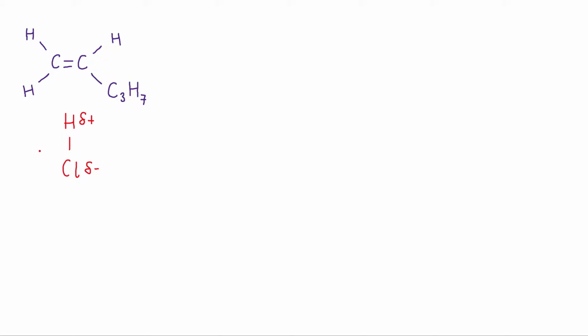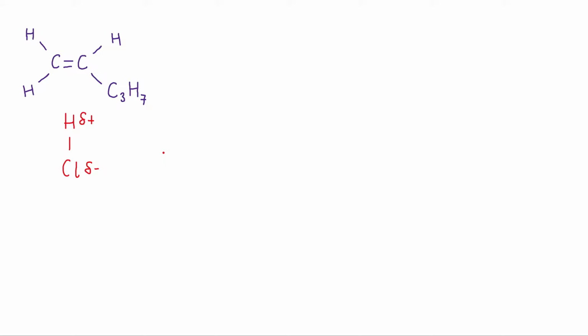This is now going to act as an electrophile. So an electrophile is an electron pair acceptor. Our hydrogen delta plus here will want to accept a pair of electrons because it's electron deficient. And that's why this mechanism is called electrophilic addition. Electrophilic because we've got this electrophile here, and it's an addition reaction because we're going to end up with one product.